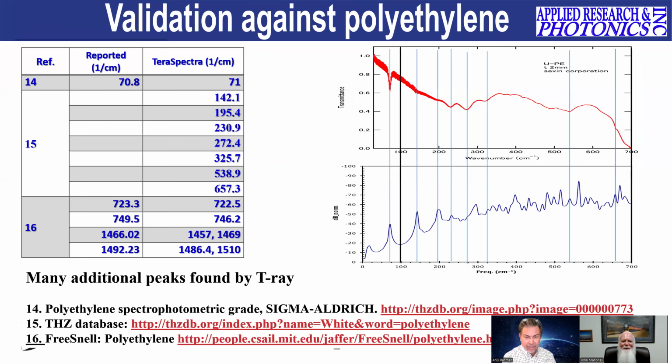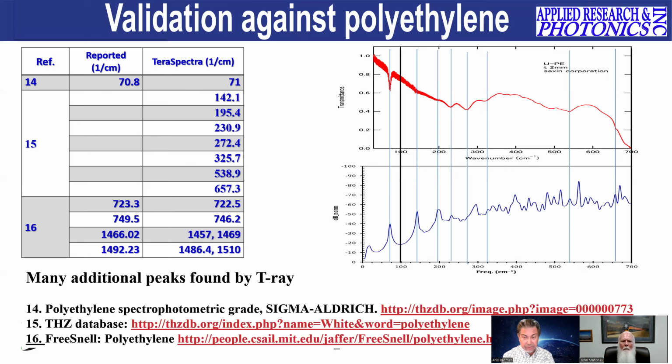Another example I'm bringing here is polyethylene. Polyethylene is used as a common background in a lot of FTIR experiments. If you have a sample in solution, then what we do is put it on a polyethylene plate, let the solvent dry, and take the spectrum.